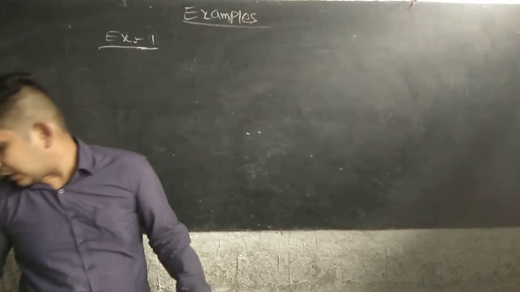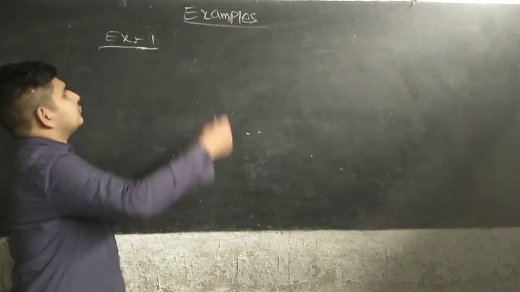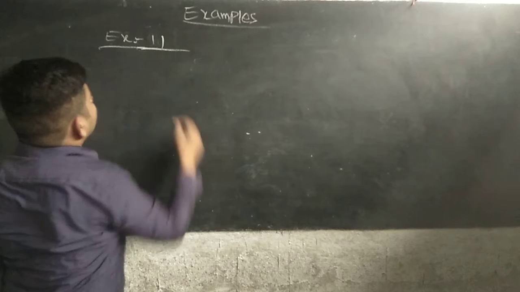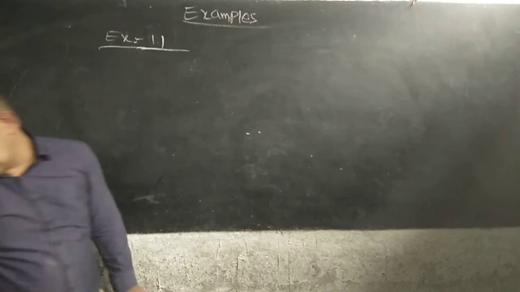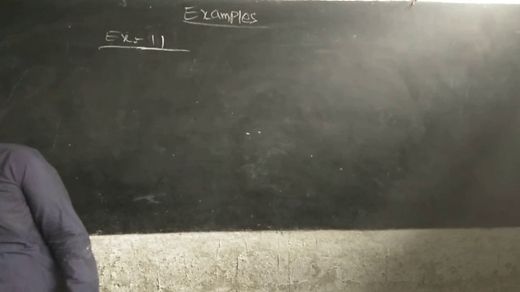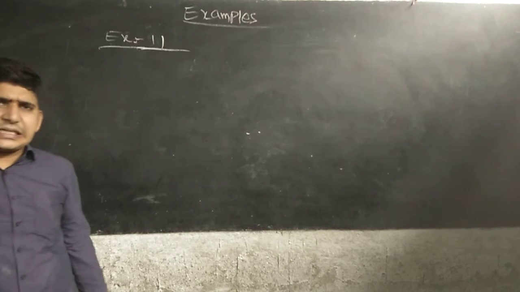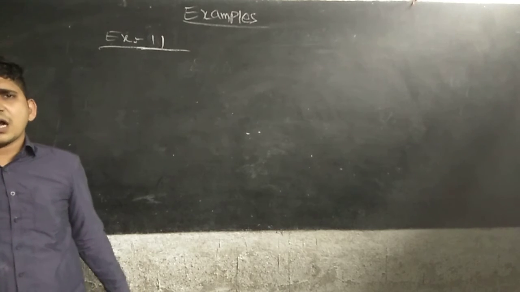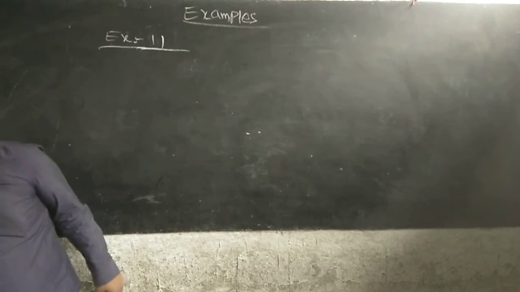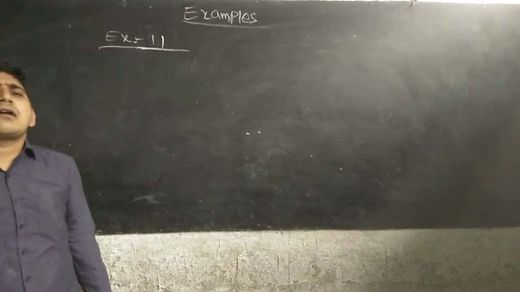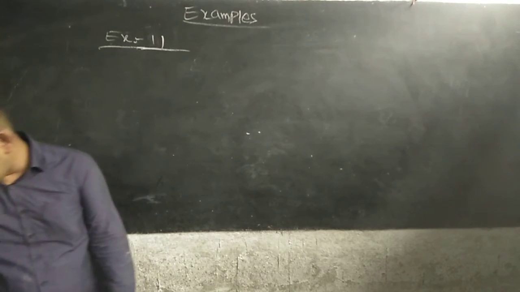What is example number 11? The question is to express sin 81 degrees plus tan 81 degrees in terms of trigonometric ratios of angles between 0 degrees and 45 degrees.